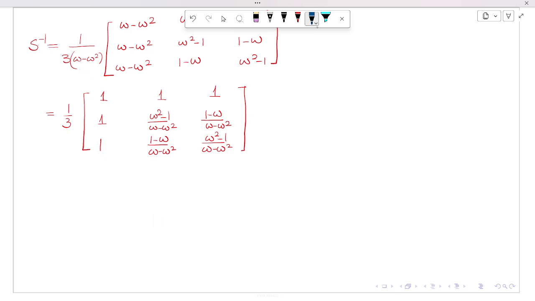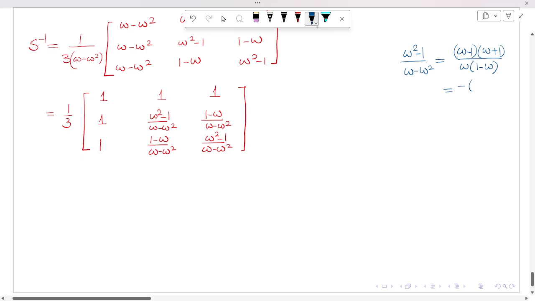This is omega square minus 1 by omega minus omega square. Now write omega square minus 1 as omega minus 1 and omega plus 1. In omega minus omega square, take omega common, so this is 1 minus omega. Okay, so this thing is minus times omega plus 1 by omega. So this is minus 1 plus 1 by omega.